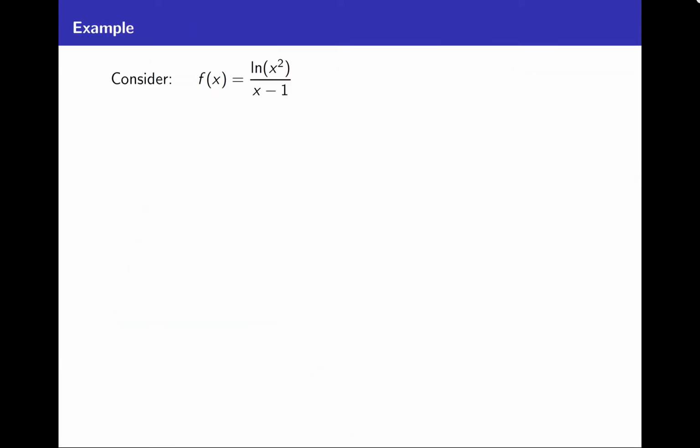As an example, consider f of x equals ln of x squared over x minus 1. Notice that if you tried to plug in 1 to f, f of 1 would be ln of 1 squared divided by 1 minus 1. And ln of 1 is 0, and 1 minus 1 is 0, so you'd get 0 over 0, which is undefined.